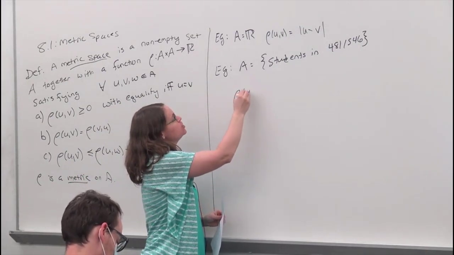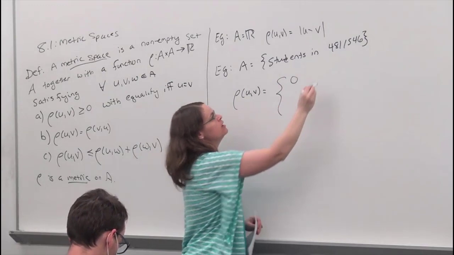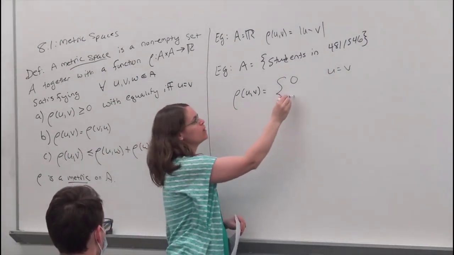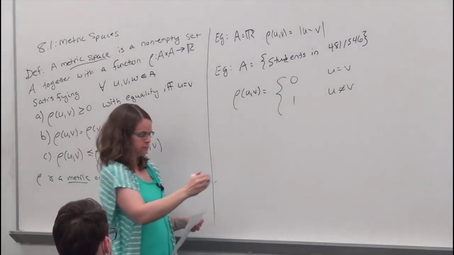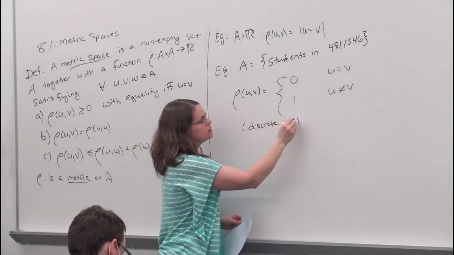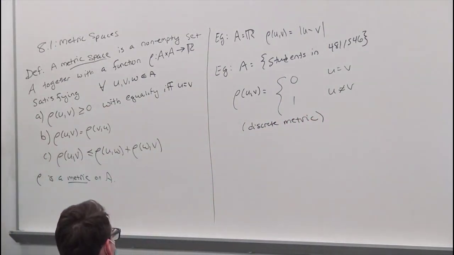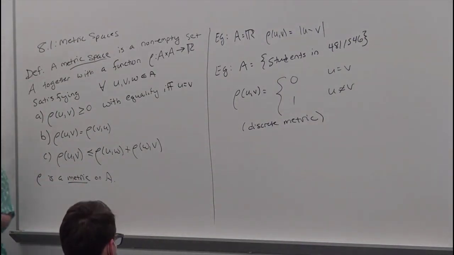So I could have a metric like this that says, if I compare a person to themselves, the distance is 0. And otherwise, the distance is 1.